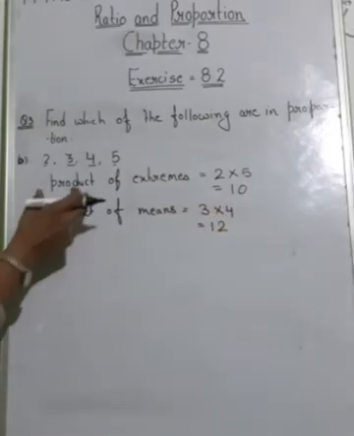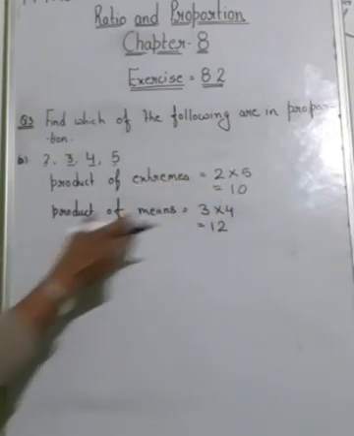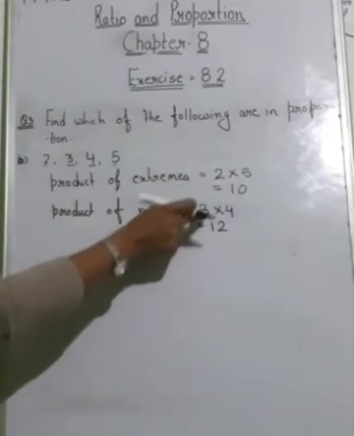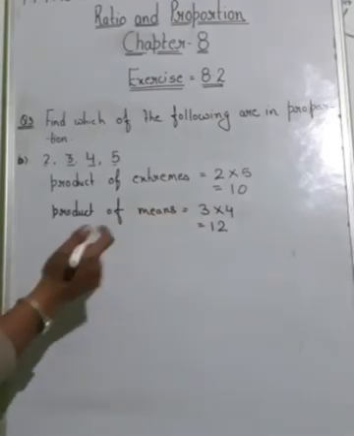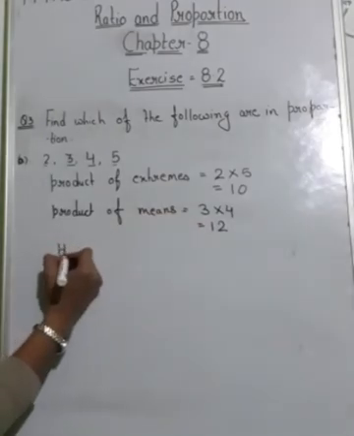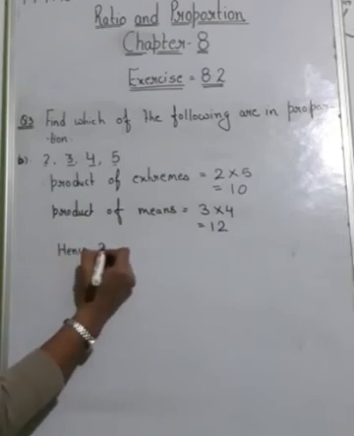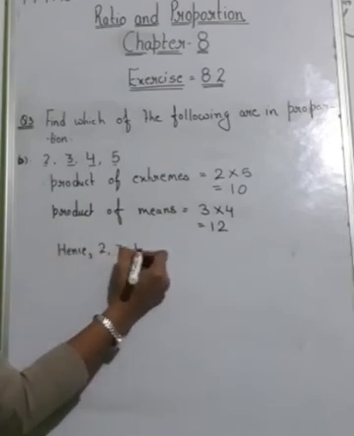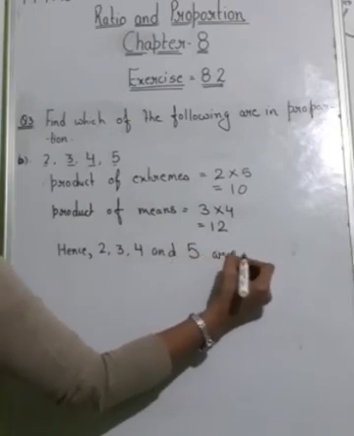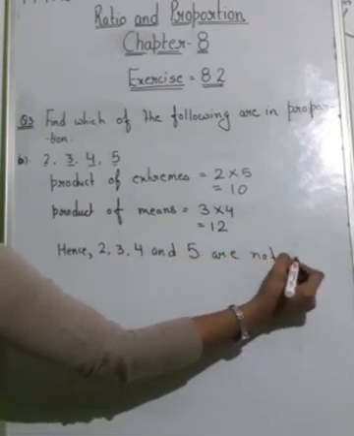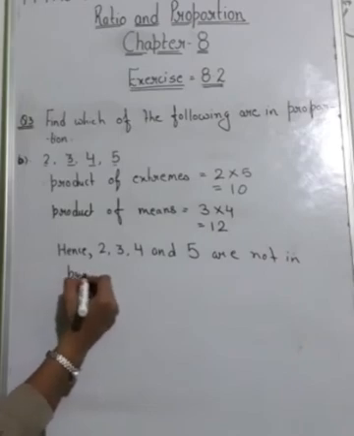So as you can see, the product of extremes, that is 10, and the product of means are not equal. This product of extremes is not equal to product of means. It means you will write, hence 2, 3, 4 and 5 are not in proportion.